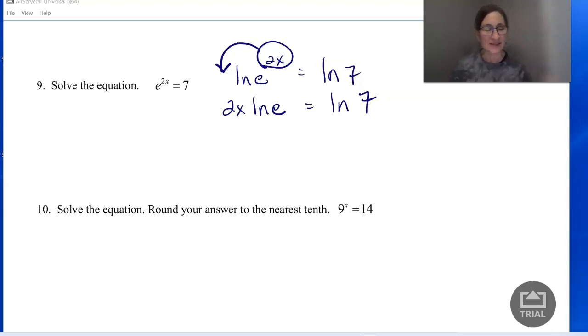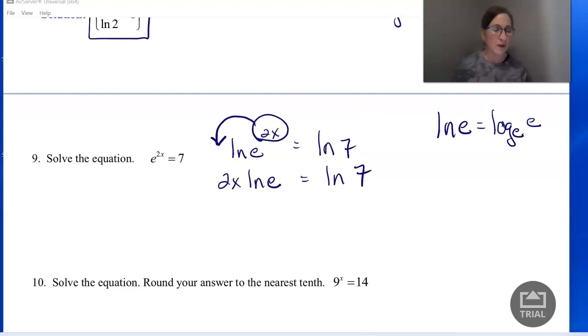Because that's the same as log base e of e. And when the base of your log matches your argument, that is equal to 1. So this becomes 2x is equal to natural log 7.